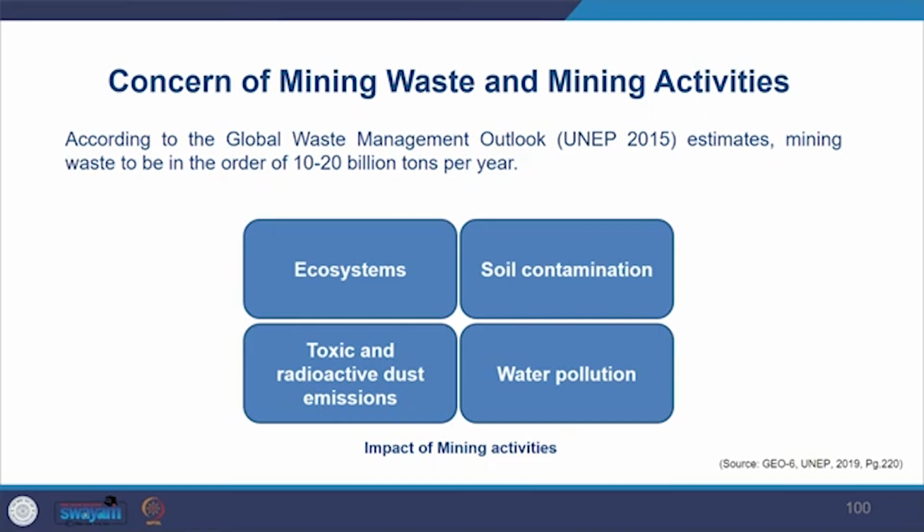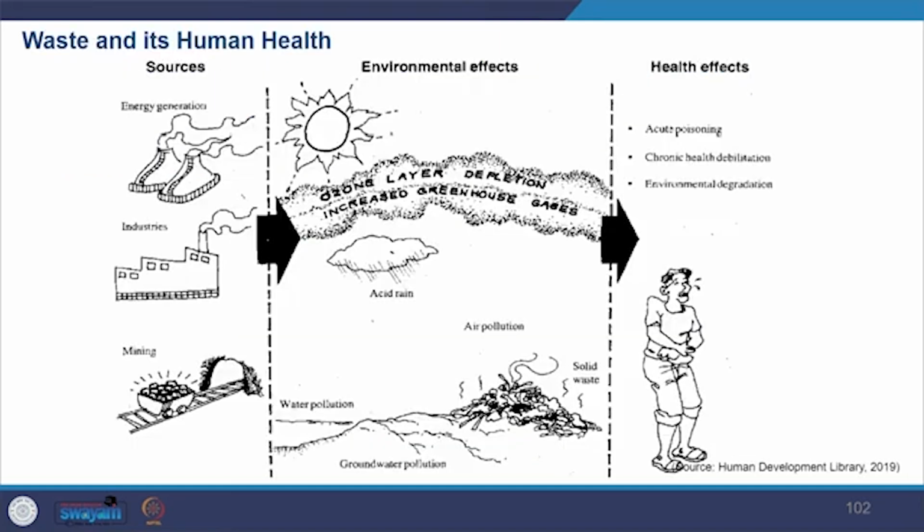We'll be seeing it further when we do the methods, when we'll be looking into land, how we do the impact assessment. Looking at waste and human health, there is the huge waste generated by cities.